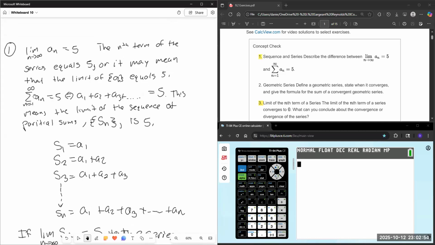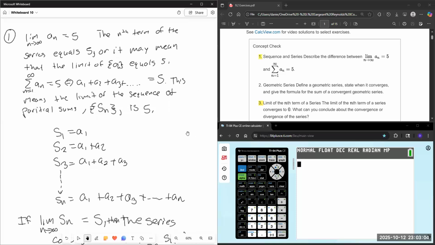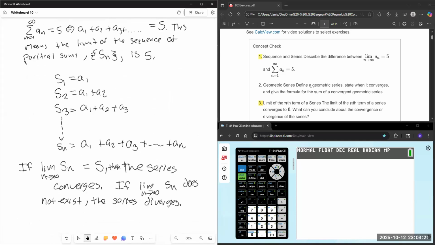A series is going to be a summation. It has a summation symbol or has plus or minus signs because we could be adding negative terms. It's hard to keep the words straight in here, but we talked about sequences in 9.1 so that we could talk about the sequence of partial sums here in 9.2 for the limit definition of convergence of a series.